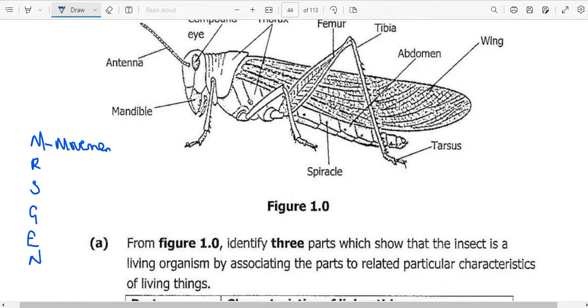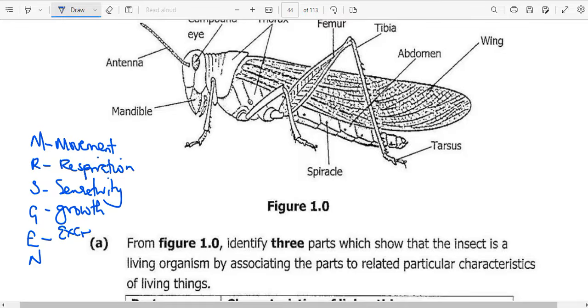One of the characteristics of living organisms is movement, and then the other one is respiration, and then sensitivity, and then growth, and then excretion, and then N is for nutrition.